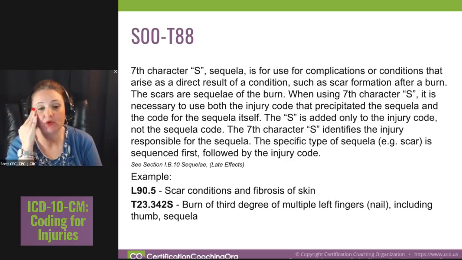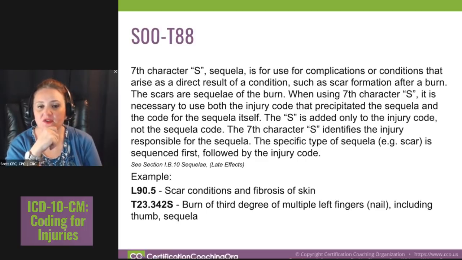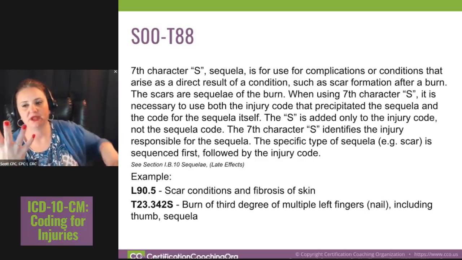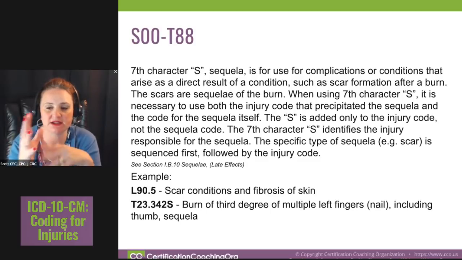So our patient, if we need to know that this is a sequela to a burn, how are we going to deal with the codes? Well, why is the patient being seen? If they have a sequela for their burn and it's scar tissue, one of the places you're going to see that complication would be in the hands, because if you have severe scar tissue of the hand, you're not going to be able to articulate those joints in the phalanges like this, right?